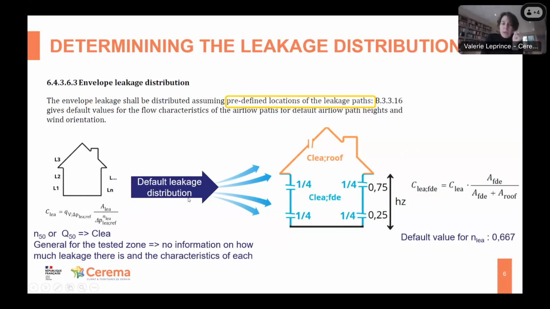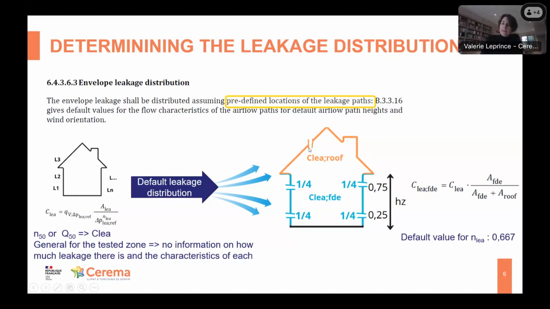The first one is the leakage distribution. You know in general what the airtightness of the building is, but you actually have no clue where all the leaks are and how much they weigh in the total balance. So what the standard proposes is first to say, okay, you've got one leak on the roof, just one, and its size is proportional to the area of the roof divided by the total area of the envelope.